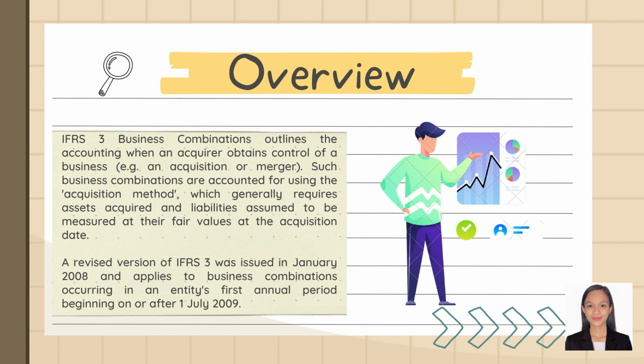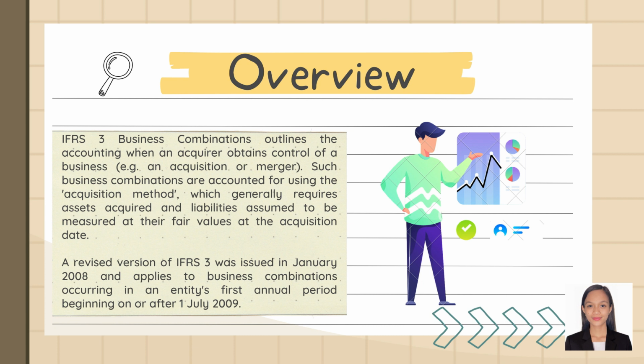And we all know the difference between the merger and the consolidation. Kapag sinabi nating merger, A company plus B company is equal to A company or B company. So, may nag-exist lang na isa sa dalawang companies na nag-combine. When it comes to consolidation naman, A company plus B company is equal to C. So, a new company formed.